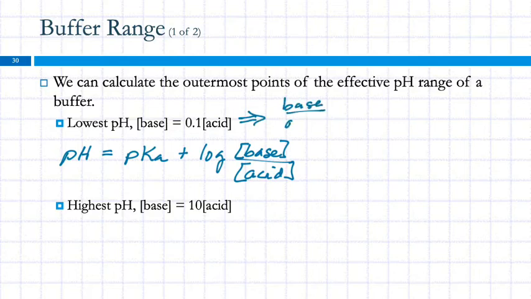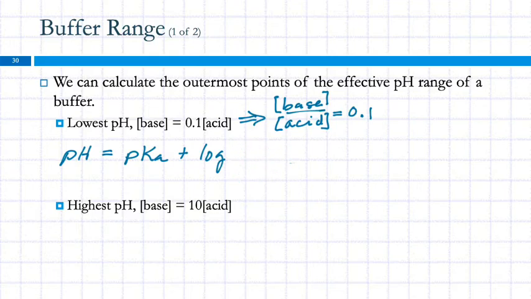But the base over the acid, we're told here, is 0.1. That's ugly. So instead of that, that's pKa minus 1.